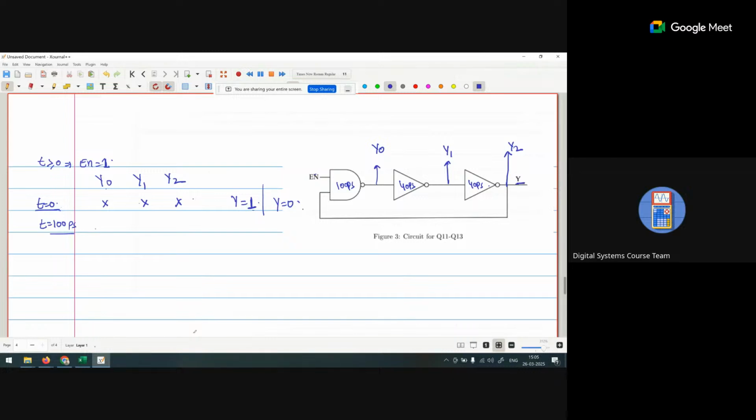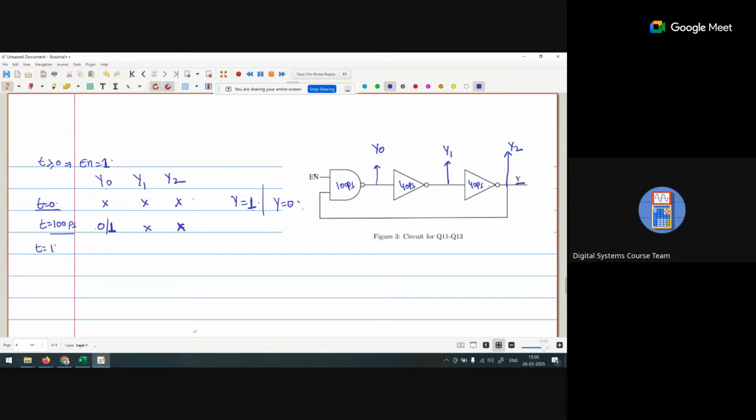If it is a 1, we are getting a 0, and if it is a 0, we are getting a 1. Clear? Now y1 is still invalid and y2 is invalid.